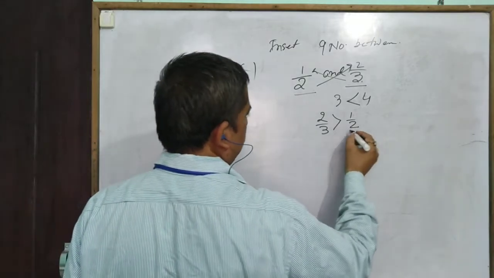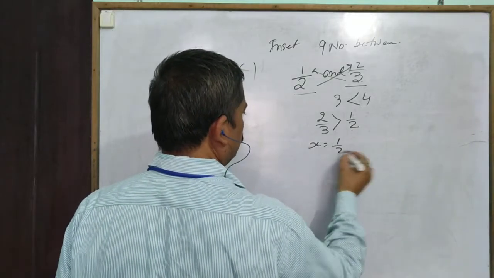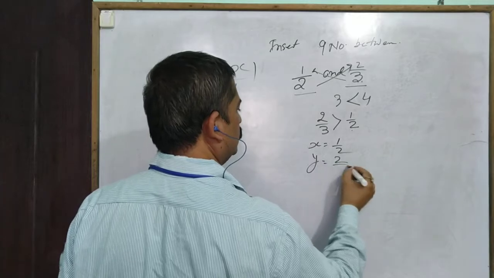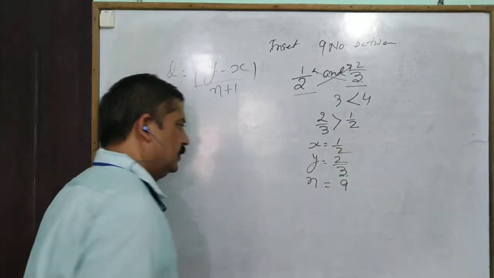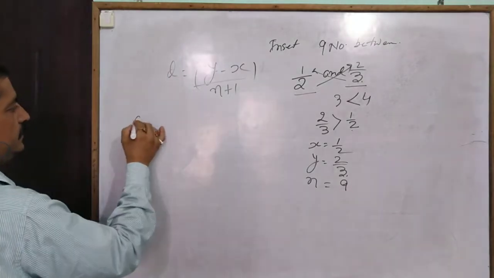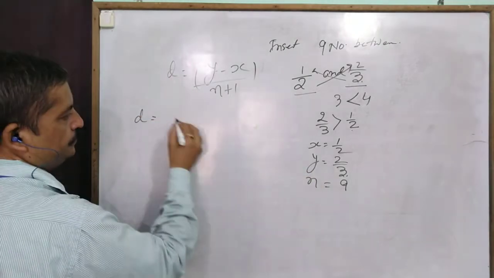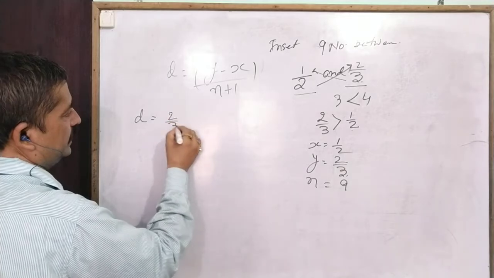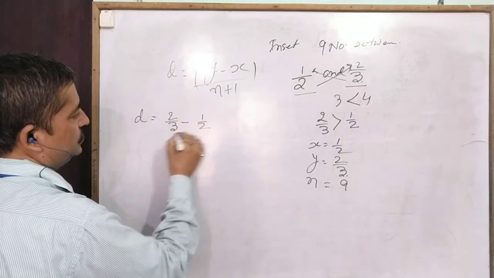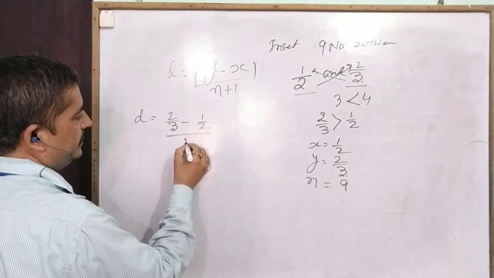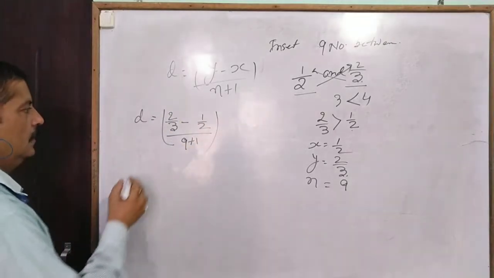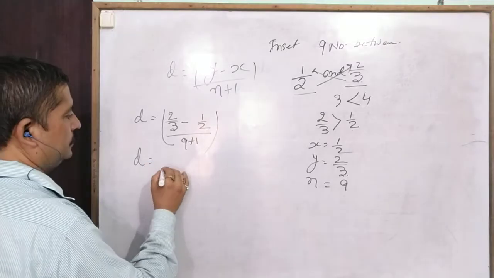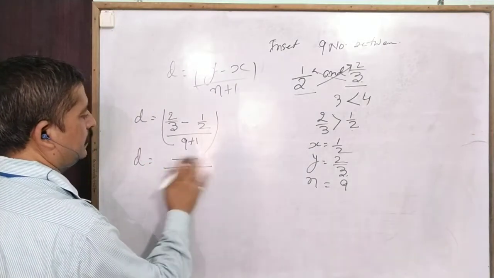Means x is equal to 1 by 2 and y is equal to 2 by 3. n is equal to 9. So putting that, d is equal to (2 by 3 minus 1 by 2) divided by (9 plus 1). So d is equal to, we take the LCM.